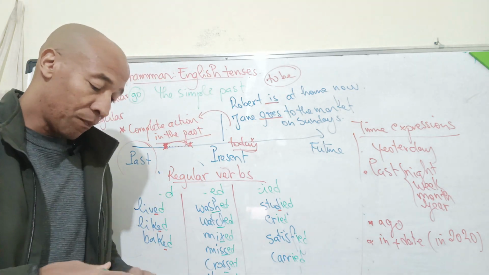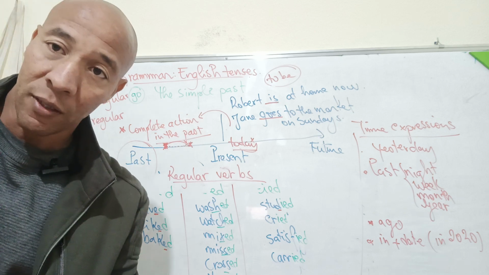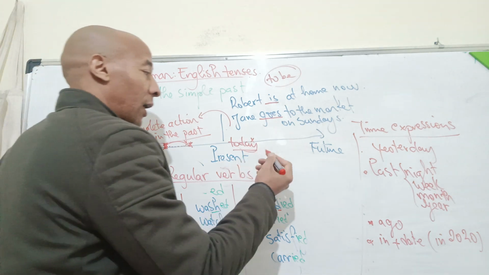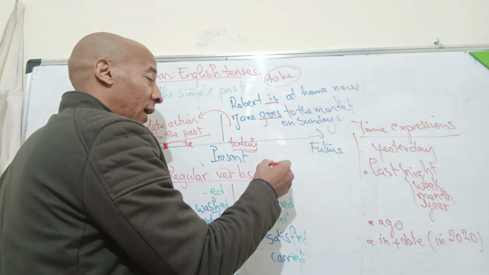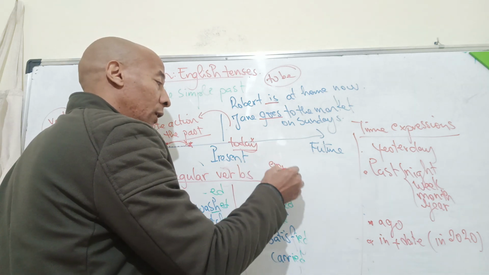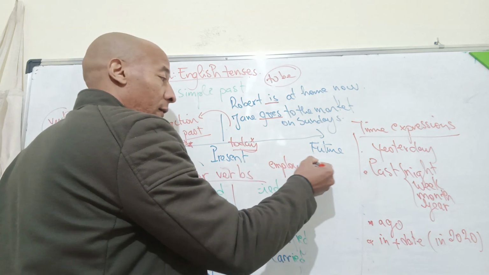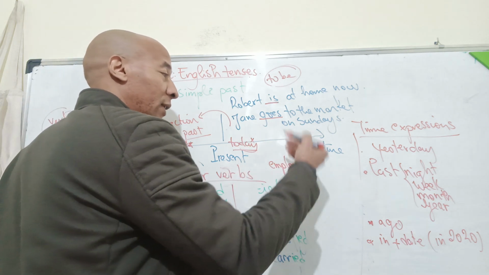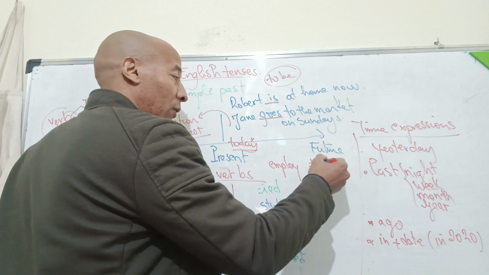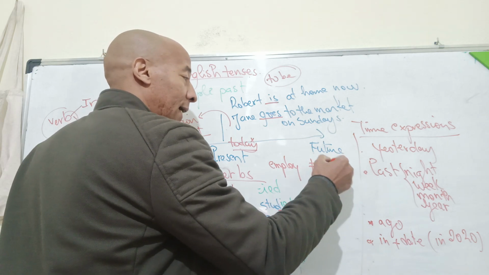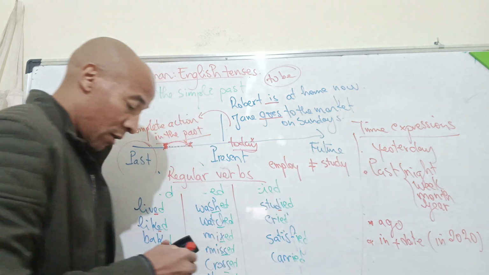As a matter of comparison, we compare a verb that ends with a vowel plus Y, for example employ, versus a verb that ends with a consonant plus Y, for example study.